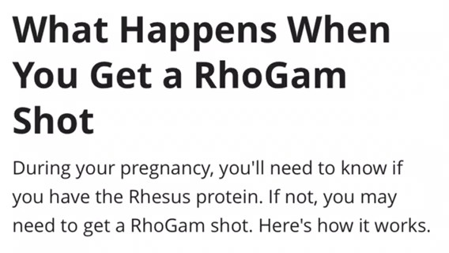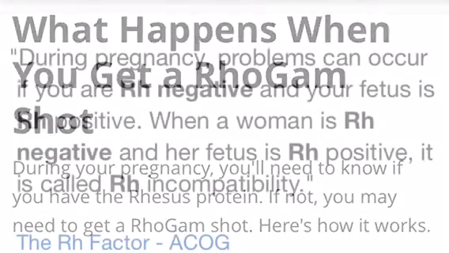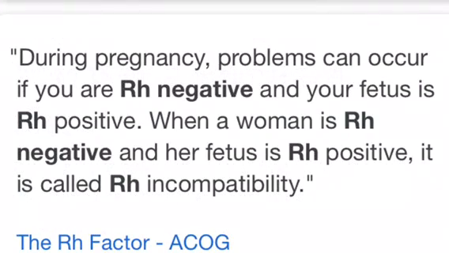Now, I'm not saying they're aliens, but what I'm saying is that the fetus will not survive if the mother starts to attack the blood of the Rh positive fetus. So that's what they tell us anyway, is what the RhoGAM shot is for. But whether that's the truth coming from the medical community, we may never know what the real purpose is.